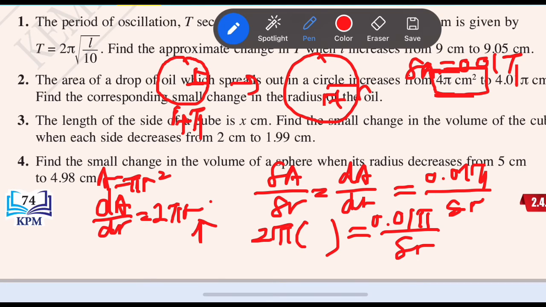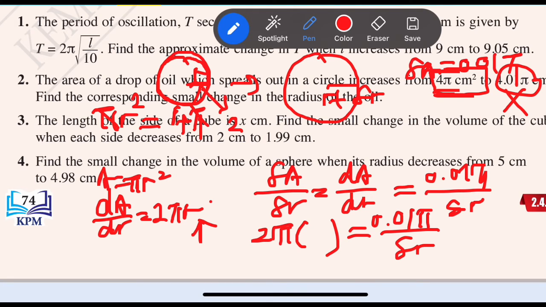So of course, from the original circle, you will obtain the value of the radius, right? So always use the original value before the change to find the radius. Hence, you can solve pi r squared equal to 4 pi, and you can solve the radius, right? Because the radius that you use must be from the original circle.